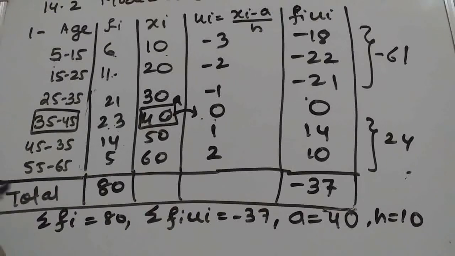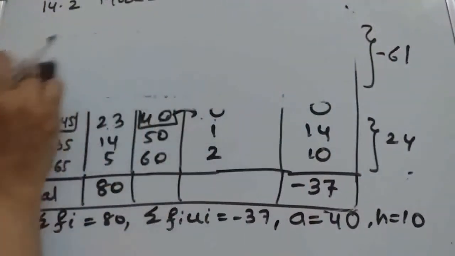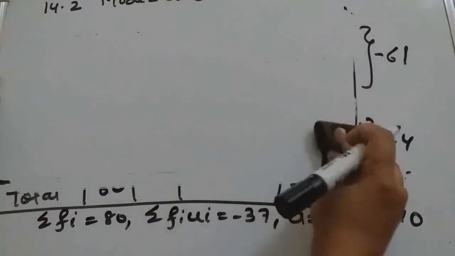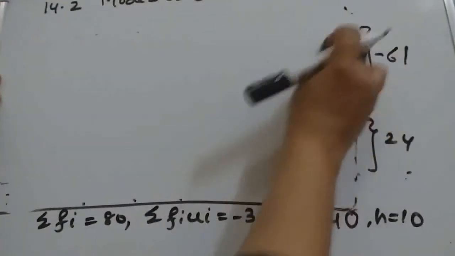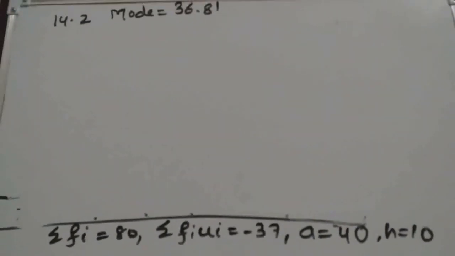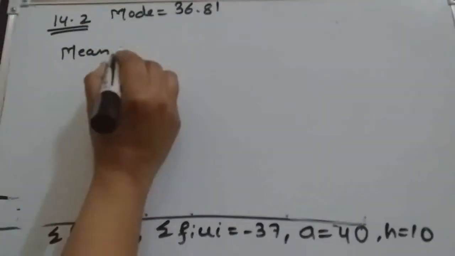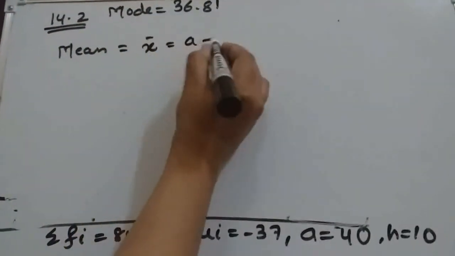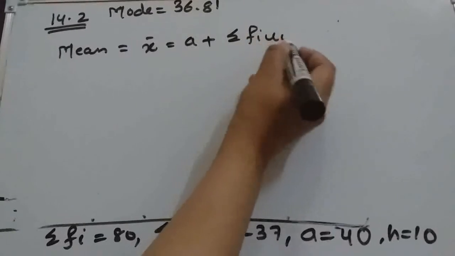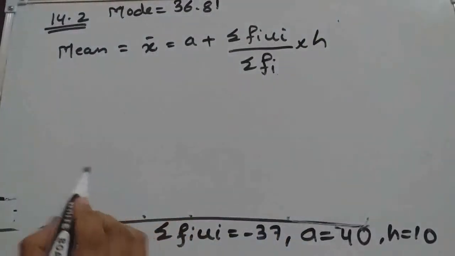So now we'll apply the formula here. So mean, x bar is equal to A plus sigma fiui divided by sigma fi into h.